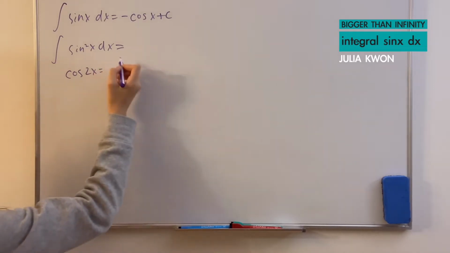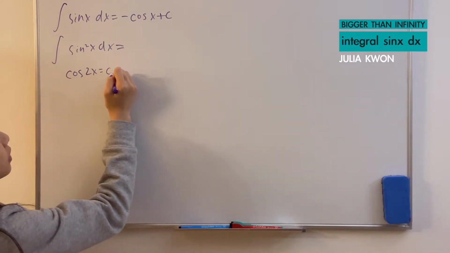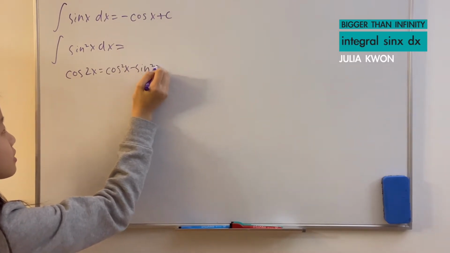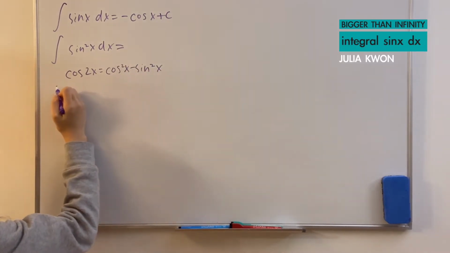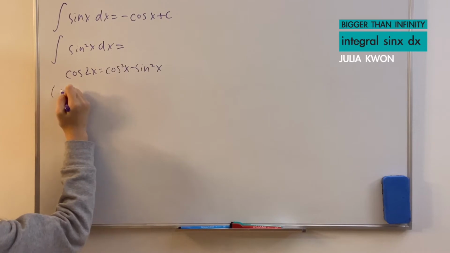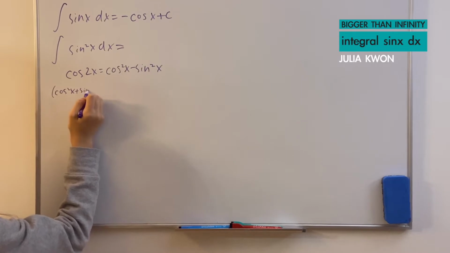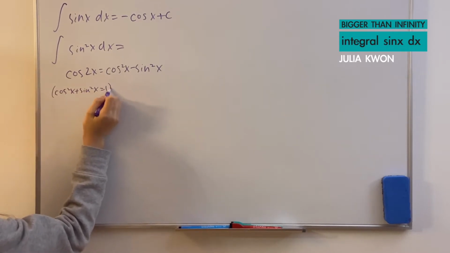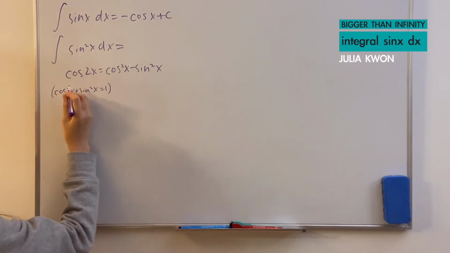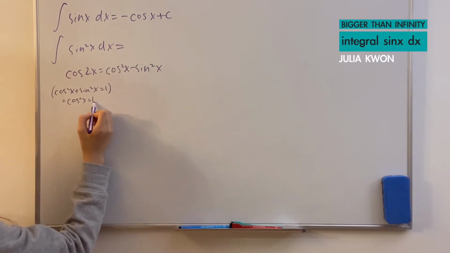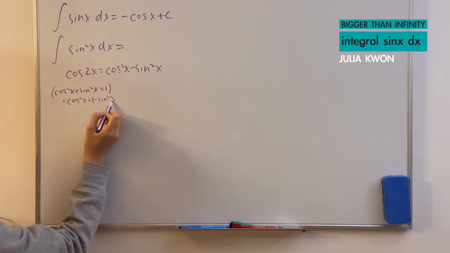We know that cosine 2x is equal to cosine squared x minus sine squared x. And using the Pythagorean identities, we also know that cosine squared x plus sine squared x is equal to 1. So that would give us cosine squared x as 1 minus sine squared x.